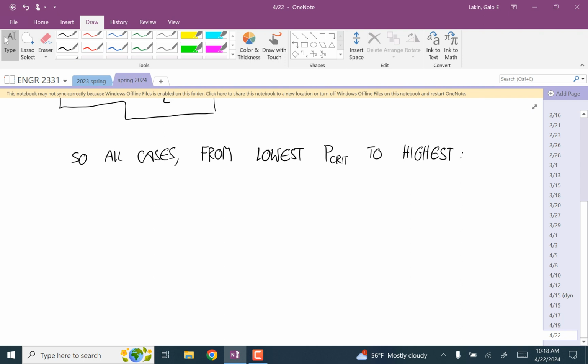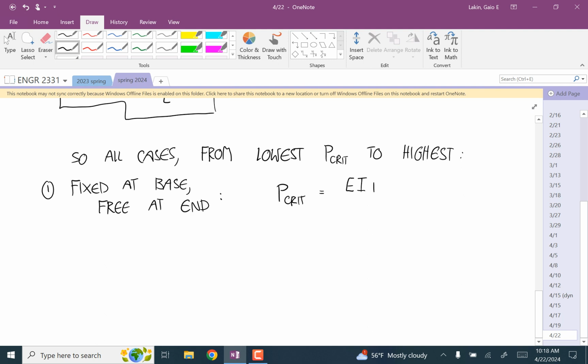So the lowest one that we saw was fixed at the base but free at the end. And that had a P critical of EI pi squared over 4 L squared.